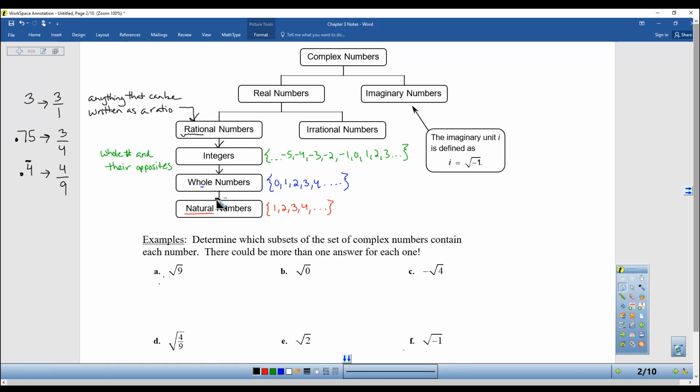These are subsets. So what would be an example of an irrational number? An irrational number is a number that does not have a pattern, and it goes on infinitely.